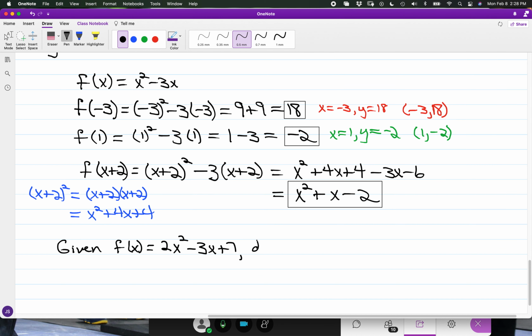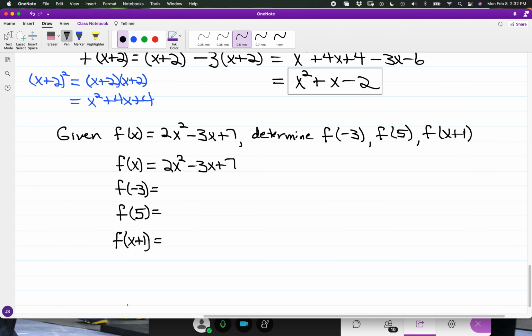Let's see what we get for f of negative 3 once again, and we'll say we're determining f of 5 and also f of x plus 1. So we'll be looking at these 3 items and we'll discuss in just a few moments.